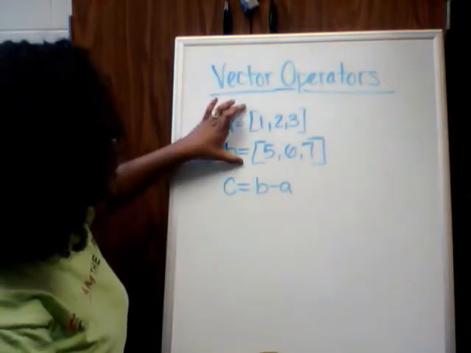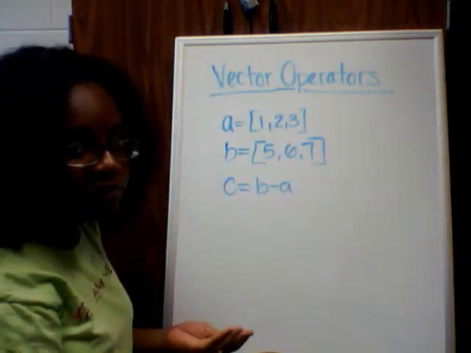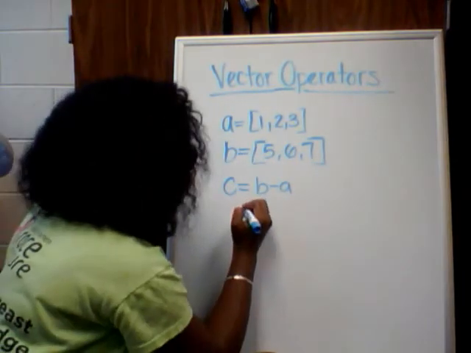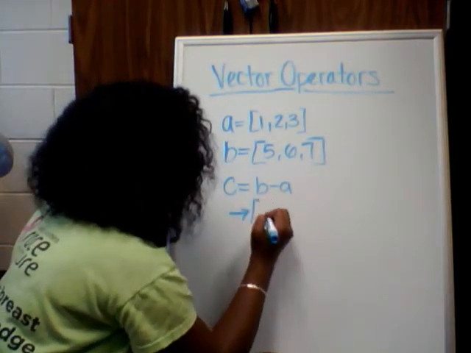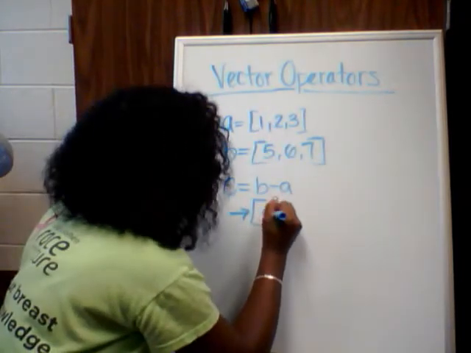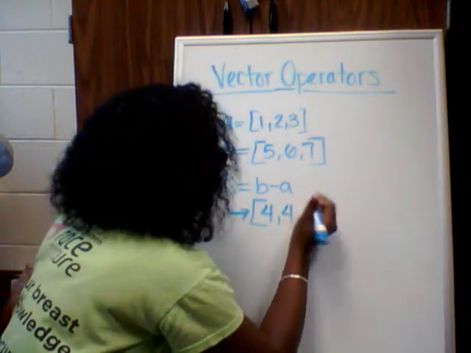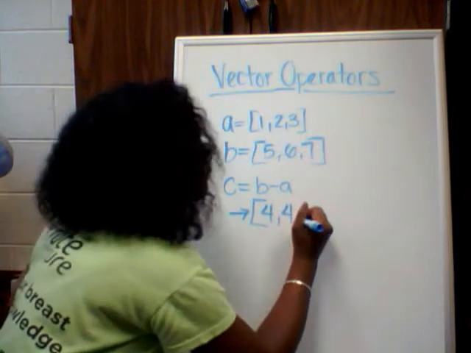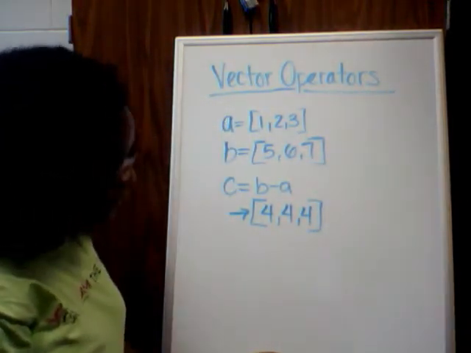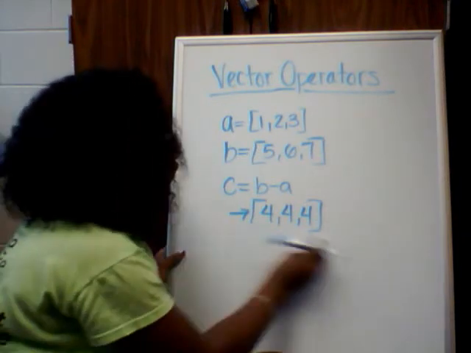The vectors still have 3 indexes, so we can do the math element by element. C gets 5 minus 1, which is 4, 6 minus 2, which is 4, and 7 minus 3, which is 4. Simple enough. There aren't any complications that usually come up with that.